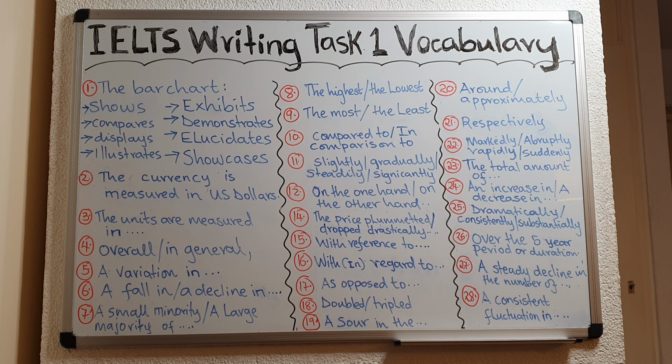Number 17, as opposed to. As opposed to, oppose means the opposite. Okay, so we use as opposed to when you want to talk about the opposite. Okay, when we want to contrast and we want to talk about the opposite side. So for example, I can say, as opposed to girls, majority of boys chose to apply to Bristol University.